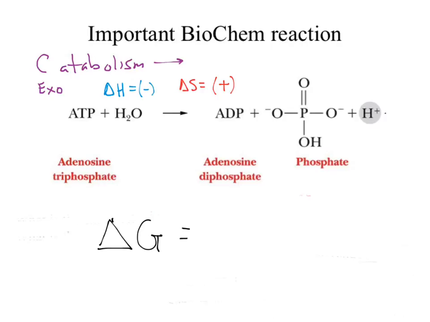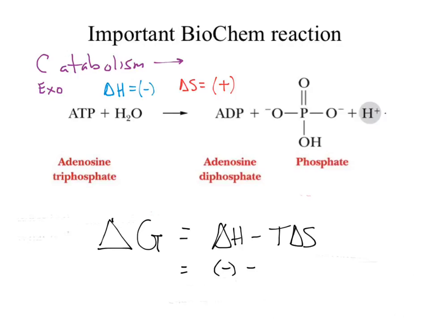Delta G equals delta H minus T delta S. Perfect. Okay. So if we took this back to the system we already had, delta H for this reaction we said was negative. Officially we'd have to go through and calculate it. Minus T.